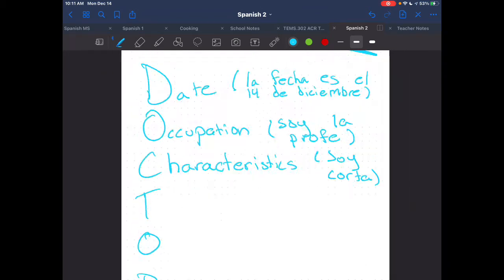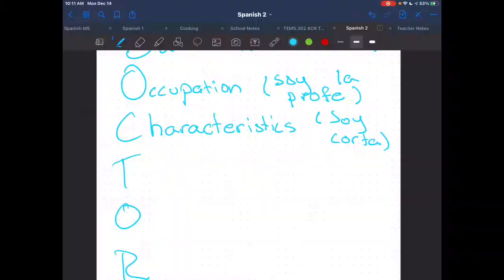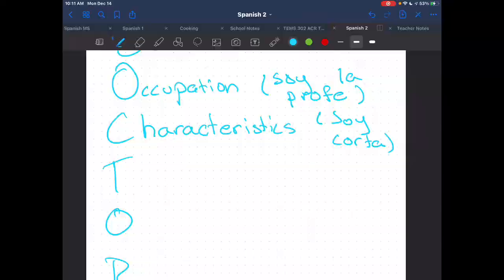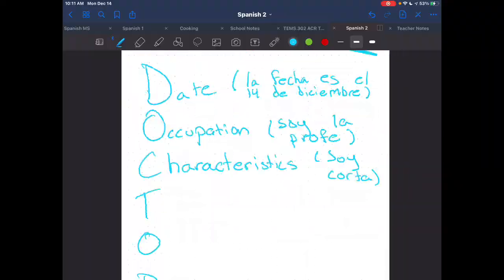Another version of ser that you would use is T, and you would use it with time. And that would be son las 10:12. That is the time on my iPad right now. It says that it is 10:12, so son las 10:12.